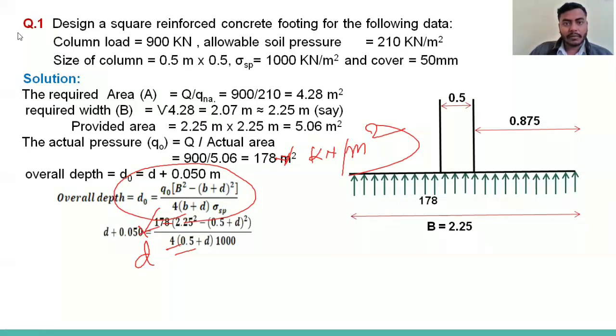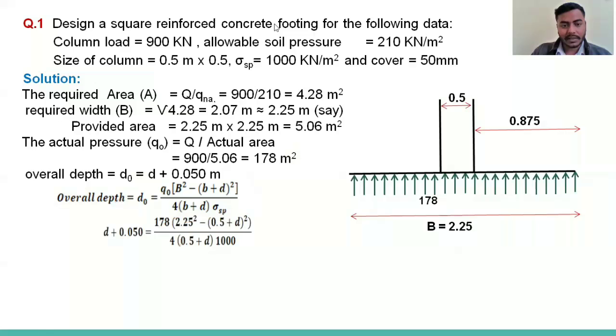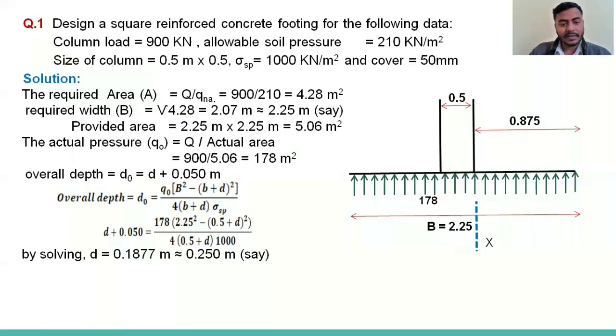You also try to solve, you will get this result. I have done the calculation, so I'm writing directly this value of d. By solving, d is equal to 0.1877 meter. Okay, and we are taking 0.25. So we have provided some extra effective depth to be on the safer side, right?